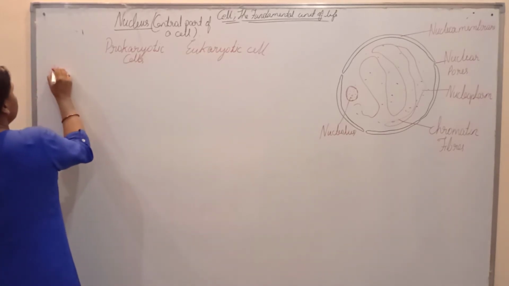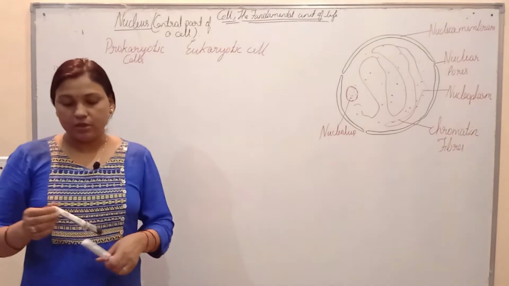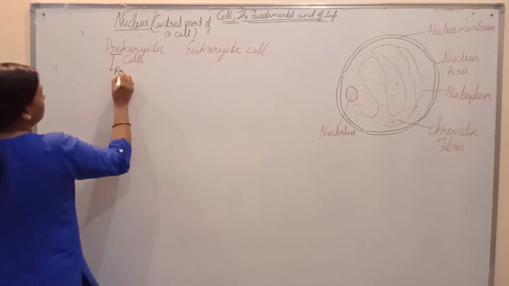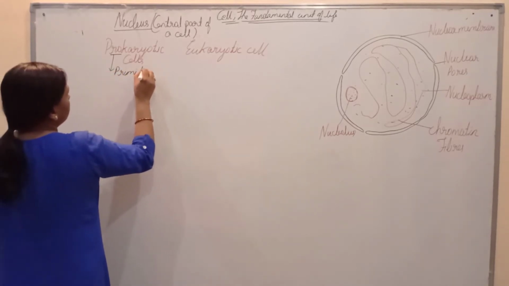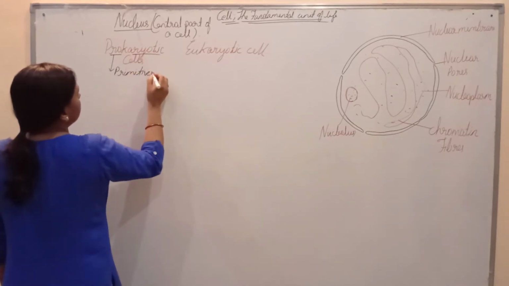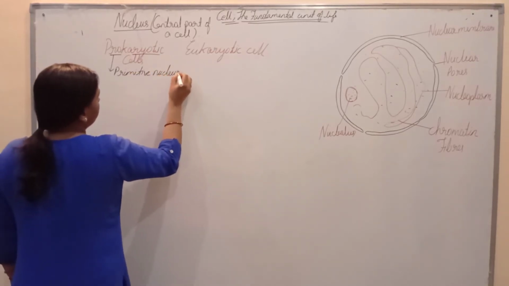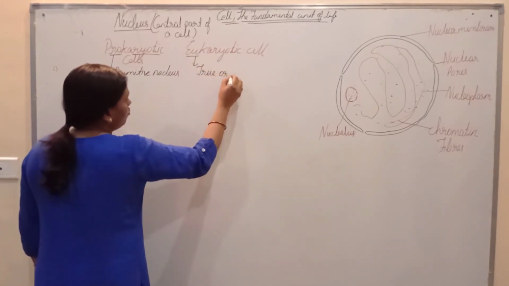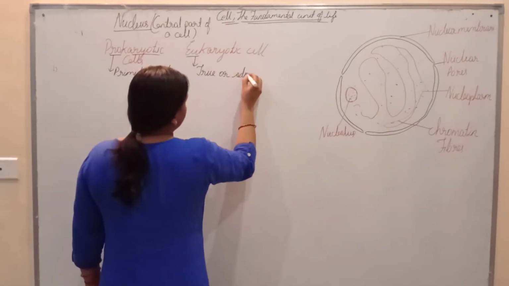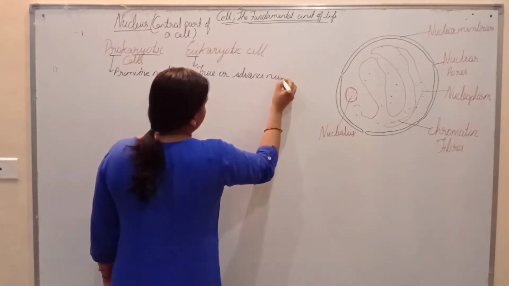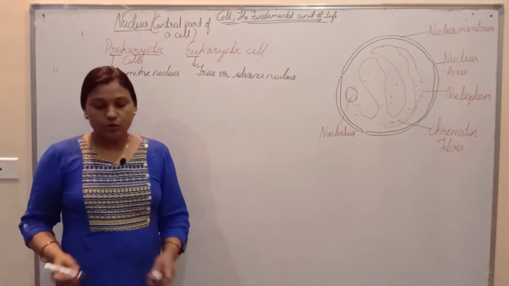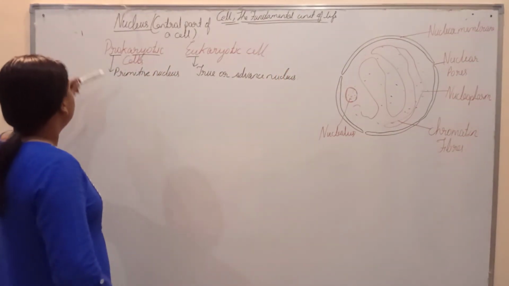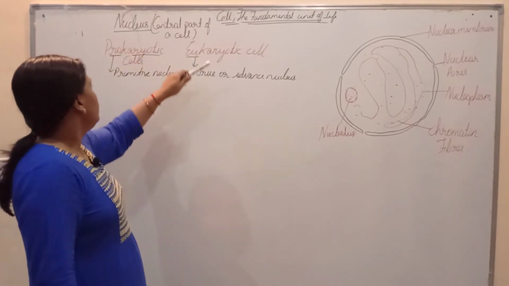As the name suggests, pro means primitive and karyon means nucleus, and eu means true or advanced nucleus. So the nucleus that we have seen here is actually of two types, prokaryotic cell and eukaryotic cell.